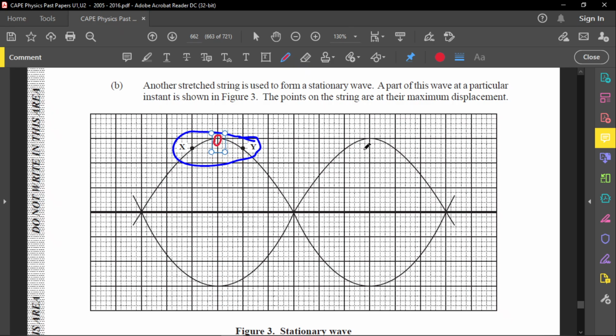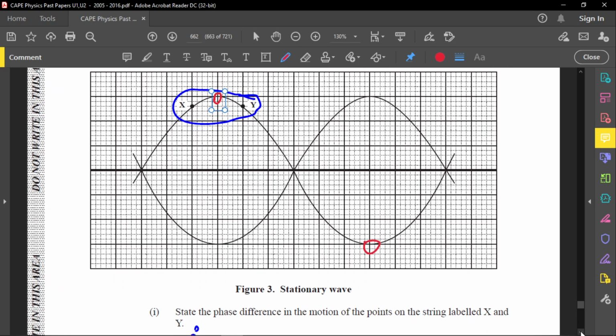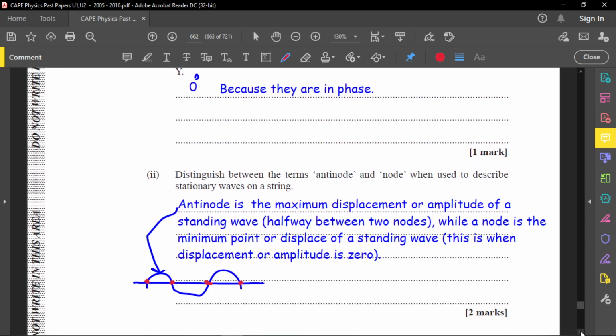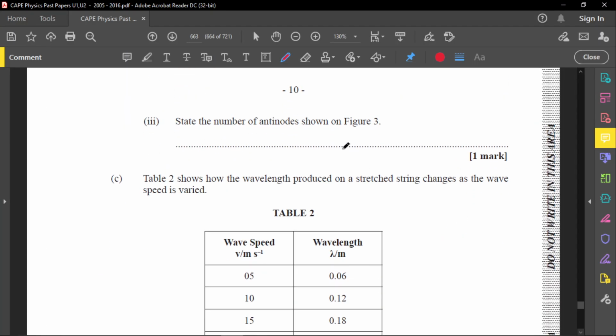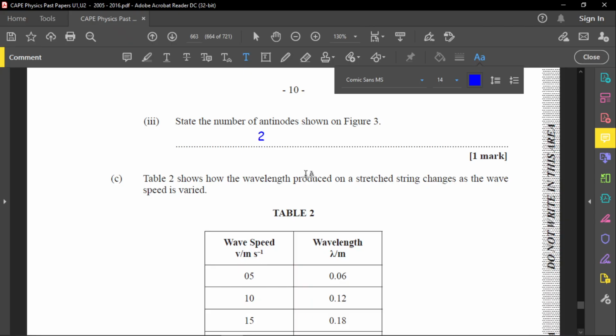For one of these standing waves, what you get here is 2 antinodes. Based on the diagram, there would be a total of 4 in terms of the entire wave movement, but a single wave here is going to be 2. So just point that out.